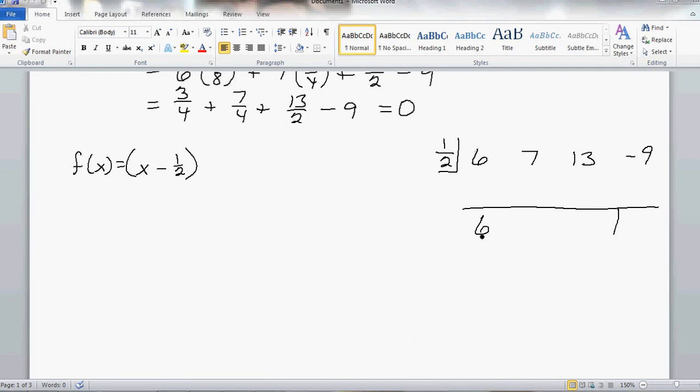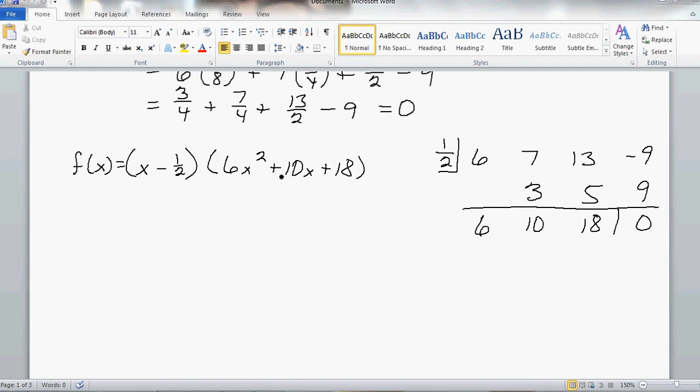We drop the 6, then we take 6 times 1/2, which is 3, that goes here, add. 10 times 1/2 is 5, add. 18 times 1/2 is 9, add. And we do get 0, but now we need to decipher this. Well, this is 6x squared plus 10x plus 18.